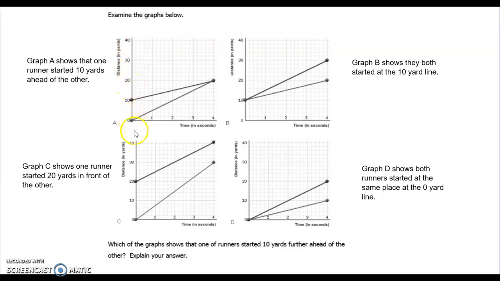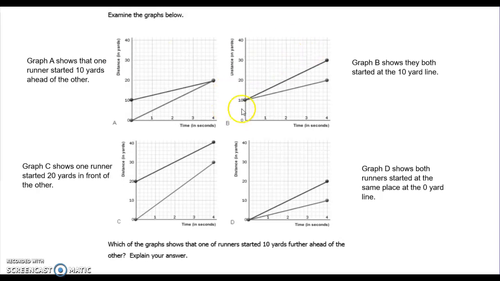When we look, we see that this runner started at the 0-yard mark, and this one started at the 10-yard mark. So graph A is the one that shows that one runner started 10 yards ahead of the other. But let's look to see what the other graphs showed us.